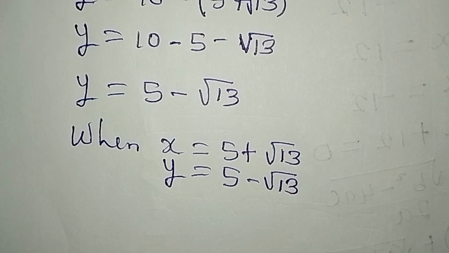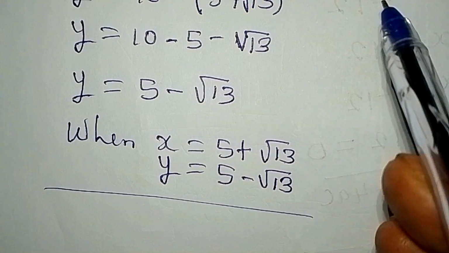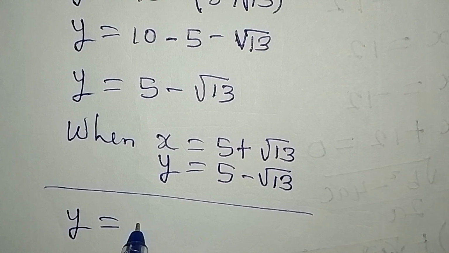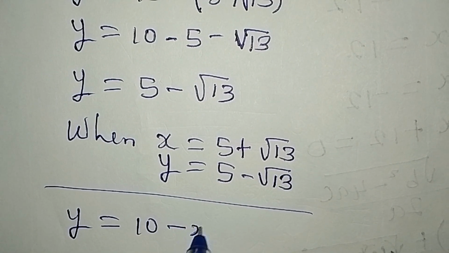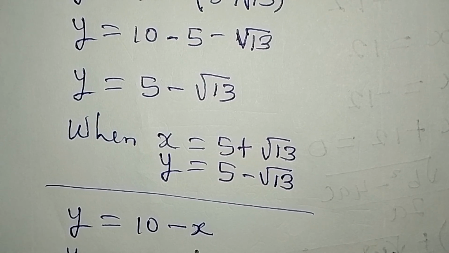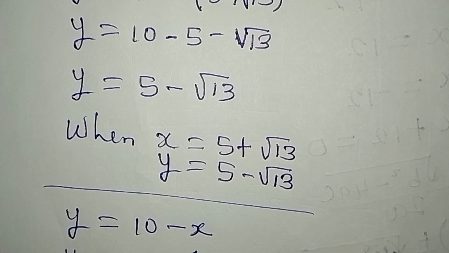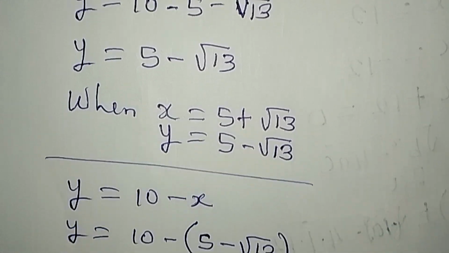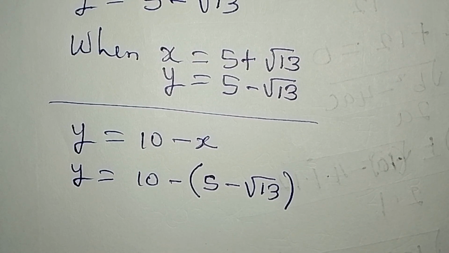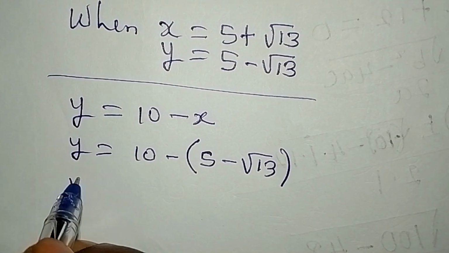Okay, then let's go ahead to get the other value when x is 5 minus root 13. So y is still 10 minus x. Now y is equal to 10 minus, open bracket, we have 5 minus root 13. This is for the second value of y. So from here, we open the bracket.